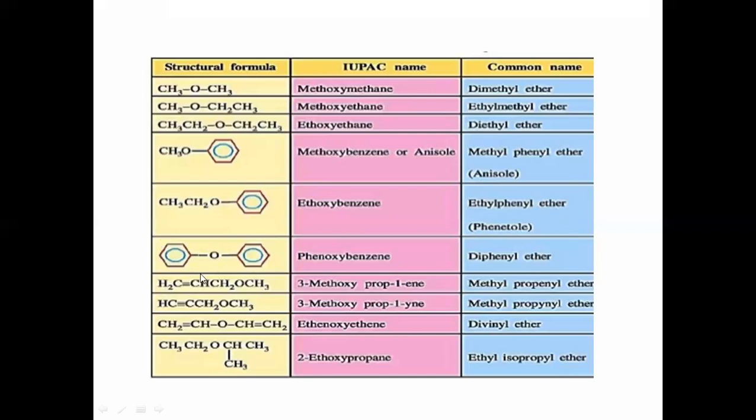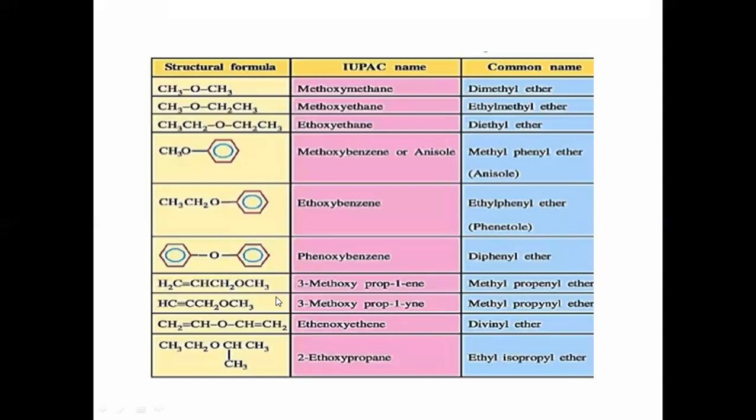This one is phenoxybenzene. In the previous lecture, we discussed phenoxybenzene also. The common name for phenoxybenzene is diphenyl ether. So these are all examples of ether compounds. Here you have a double bond, a ring, as well as the ether.